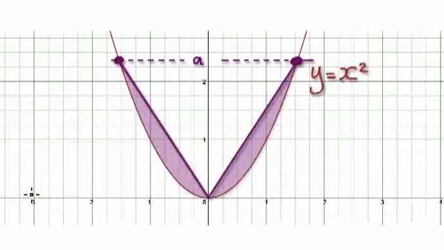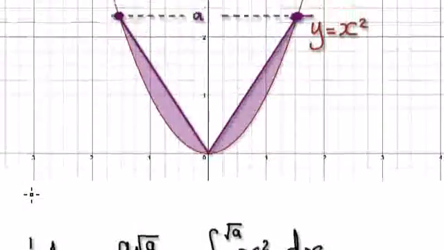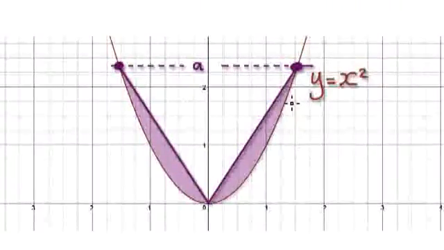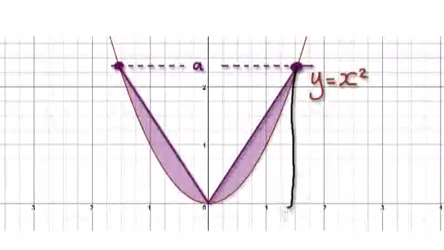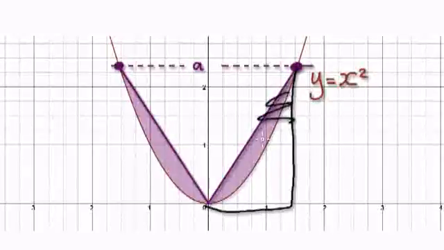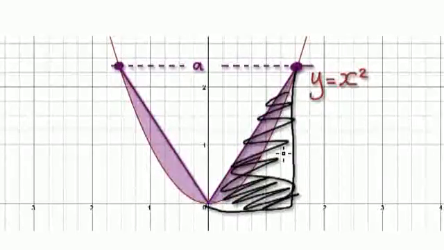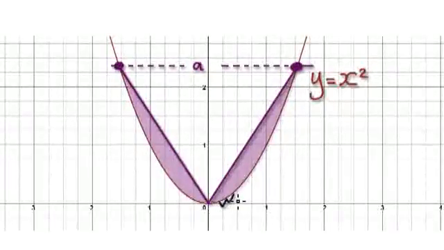Okay, so to do this, there are several ways of doing this. So the first method is for us to work out the area of this triangle here, and then take away the integral.